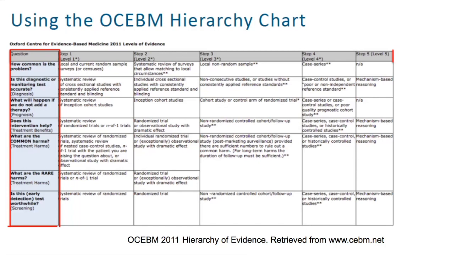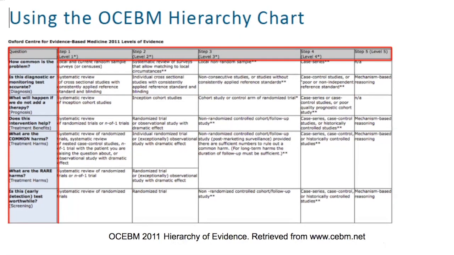By looking at the study and determining what question they're trying to answer, that'll help you narrow down what the study design might be and what the level of evidence might be. You've got the questions in the left column, and moving along the top row are the different levels of evidence. In each of the boxes below are different types of studies. Now we're going to go through a little bit about what the studies are.